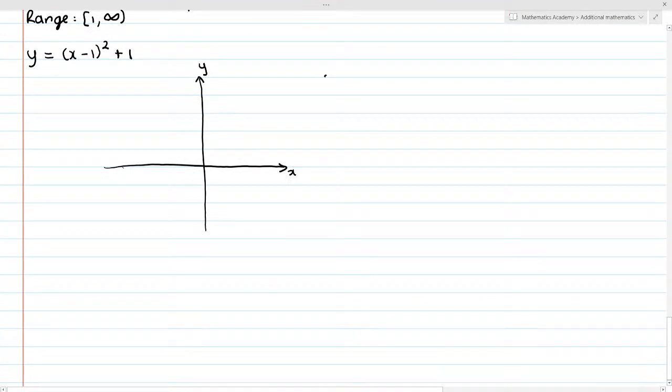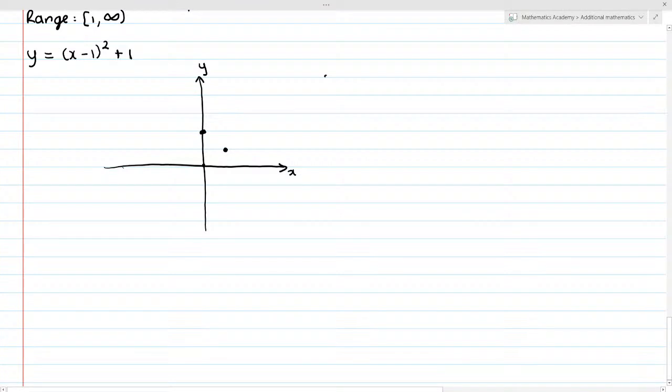Let's try a few values. When we plug in x equals 0, we get (0 minus 1) squared, which is minus 1 squared, which is just 1. Then we add 1 to that, which gives us 2. So when we plug in 0, we get 2. And when we plug in 1, we get (1 minus 1) squared, which is 0 squared, which is 0, and we add 1, so that gives us 1.